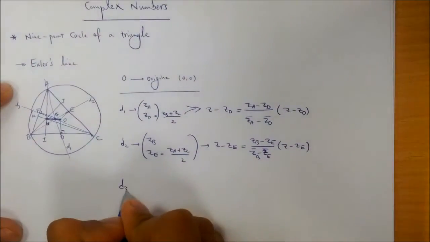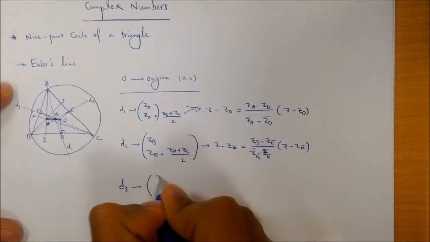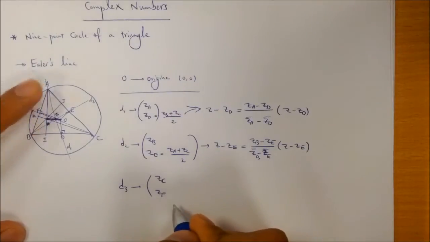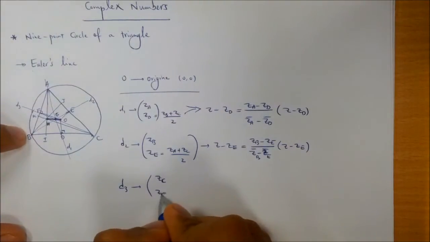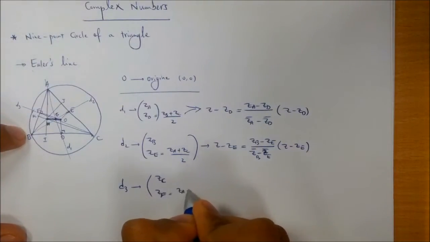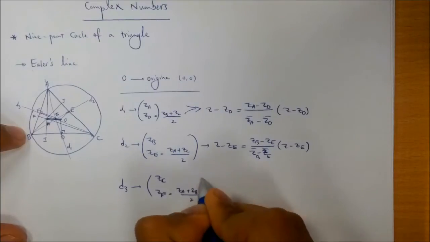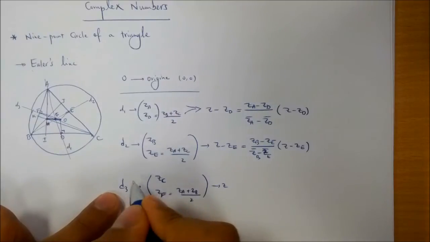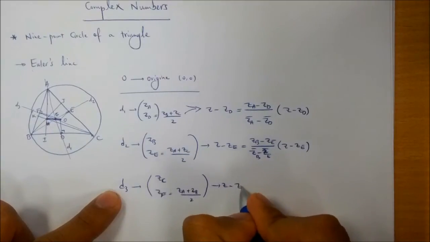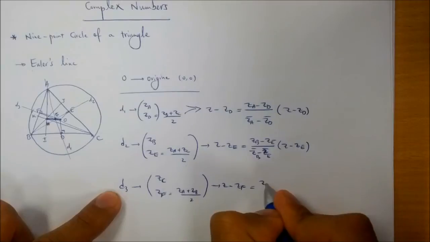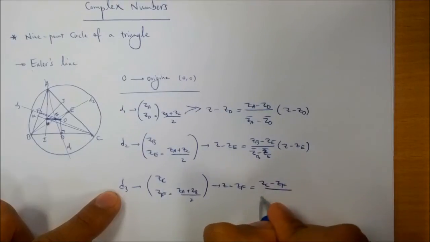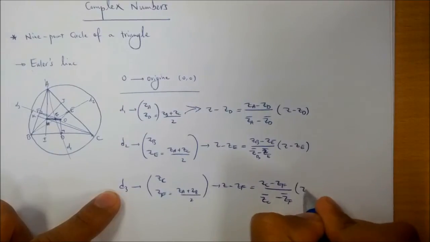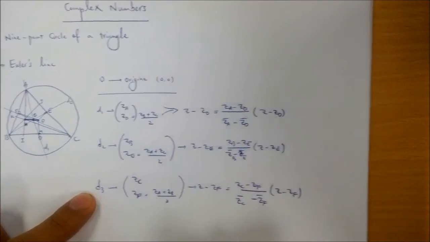And finally D3 passing through ZC and ZF, the midpoint of the line segment AB. So Z of F is (ZA plus ZB) over 2. So the equation of the line D3 is Z minus ZF equal to (ZC minus ZF) over (ZC bar minus ZF bar) times (Z bar minus ZF bar).